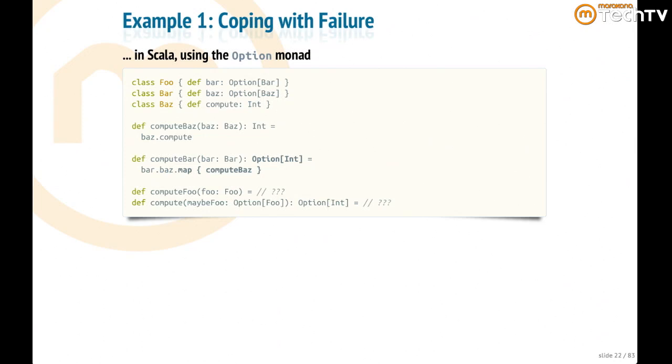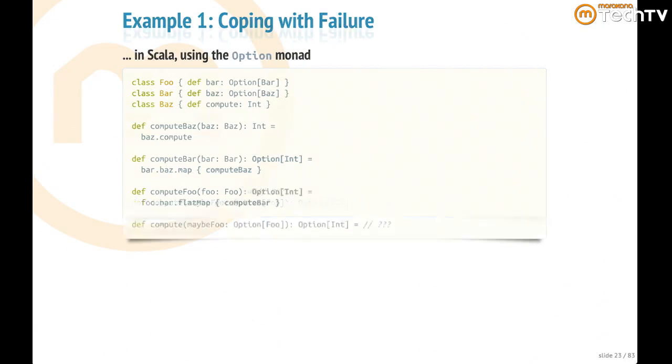Now let's try to fill in the next blank. We want to do compute foo, and again, this is going to probably return an option of int. Again, it's the possibility of failure. And how do we fill this in? Well, the tool that we just developed was a method that takes a bar and returns an option of int, and you recognize that from our definition before. That's a monadic function. It's returning not just a straight int, it's returning an option of int.